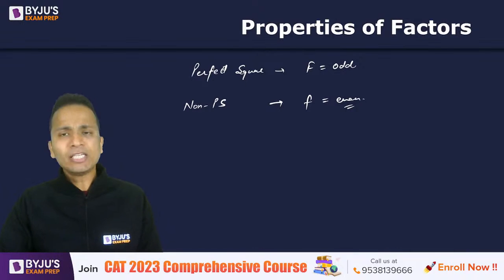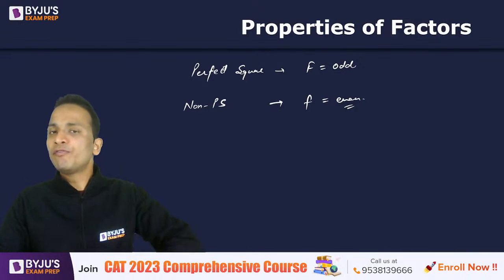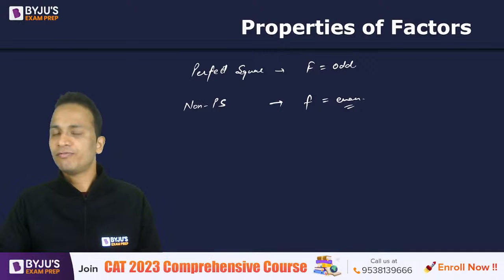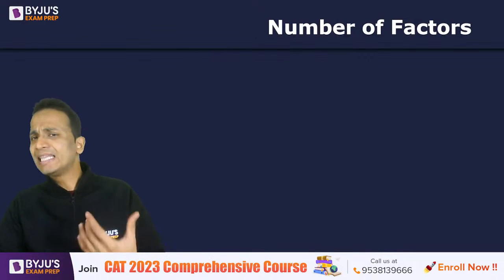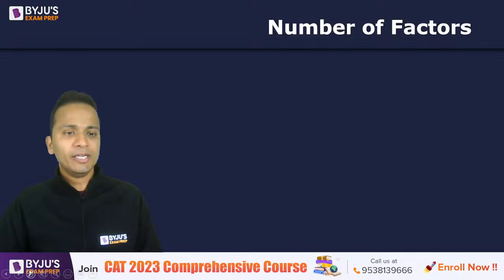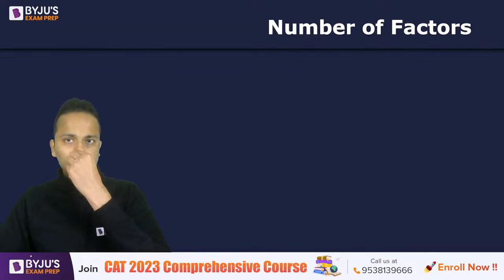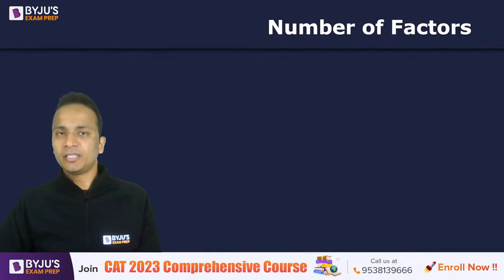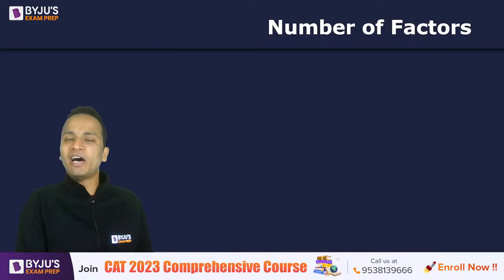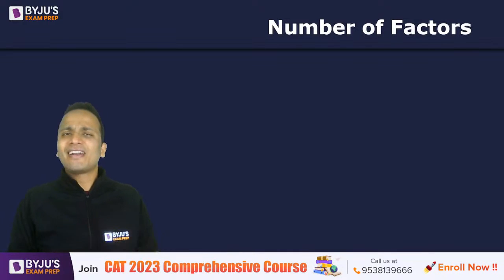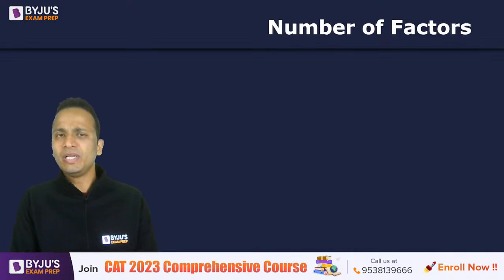Now let's move ahead and look at some of the formulas for finding the number of factors and other related formulas. So the first thing, how to find out the number of factors. Now we have already seen one way in which we write all the factors of a number manually. हम ये चीज manually कर रहे हैं.